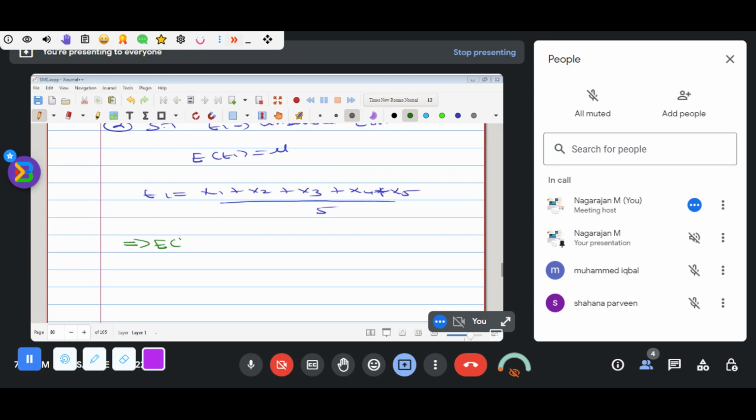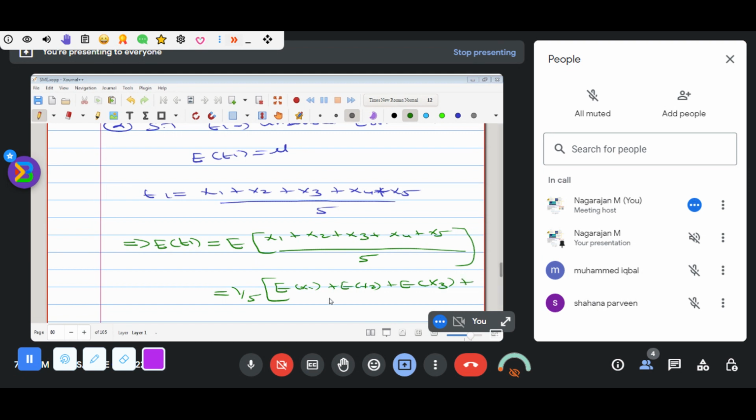That means E of T1 equals E of x1 plus x2 plus x3 plus x4 plus x5, overall divided by 5. Using the formula, 1 by 5 is a constant, so we take it outside, and the remaining is E of x1 plus E of x2 plus E of x3 plus E of x4 plus E of x5.